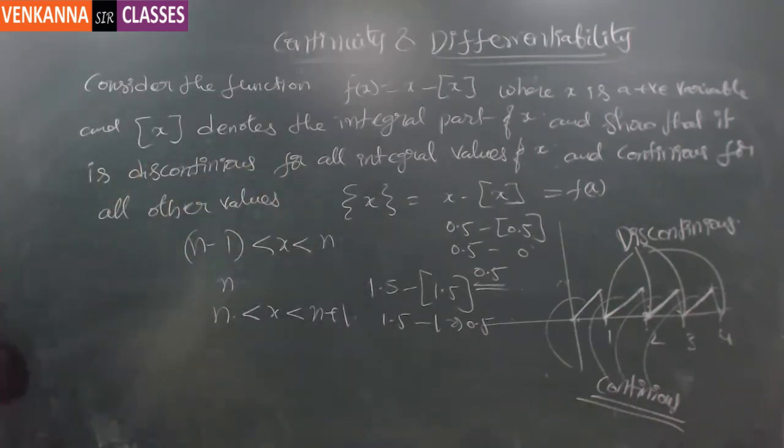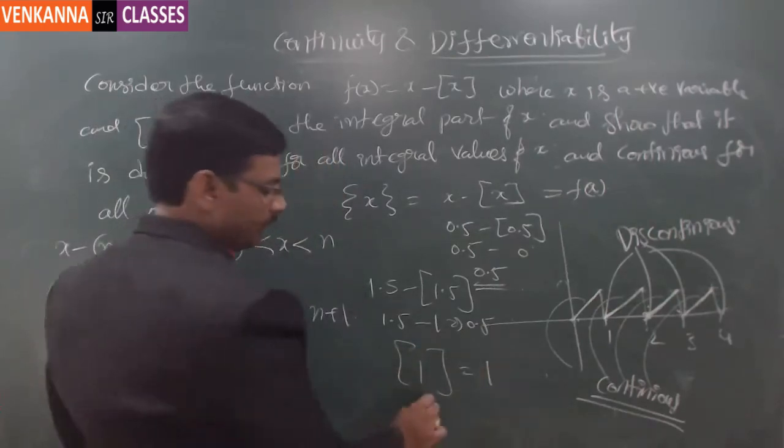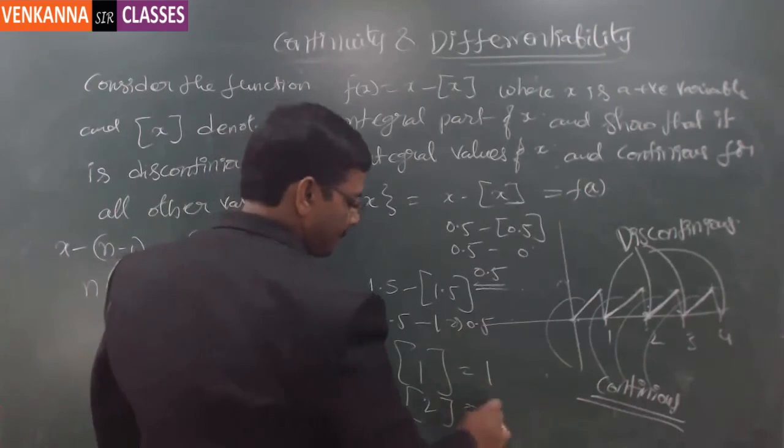Now what is the function value here? It is x minus n minus 1 at this point, because that is x minus step of x, and step of x will be n minus 1. Now exactly at x equal to n, this value will be straight away equal to n. Got it or not? What is step of 1? This will be 1 only. Step of 2 will be 2 only.